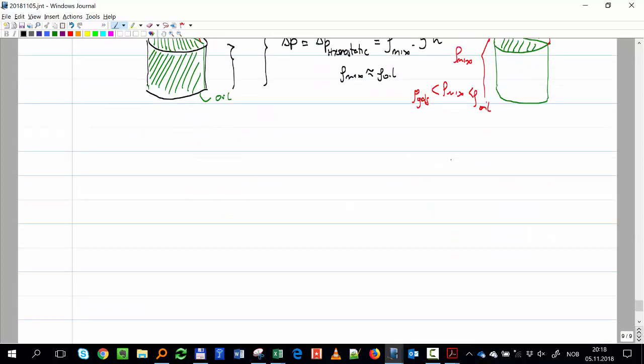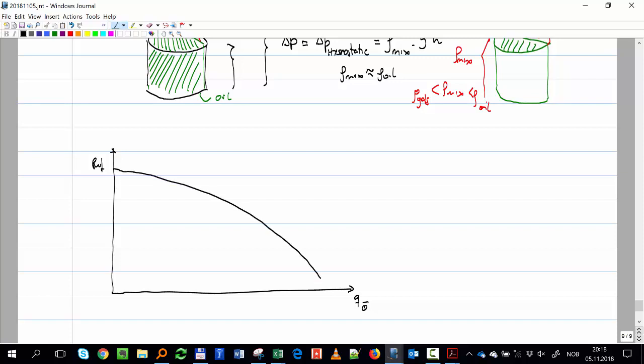Now, one of the complexities, only for multiphase flow, is that the curve goes down and up. For example, the following can happen. This one and this one. The TPR and the IPR can have two intersections.